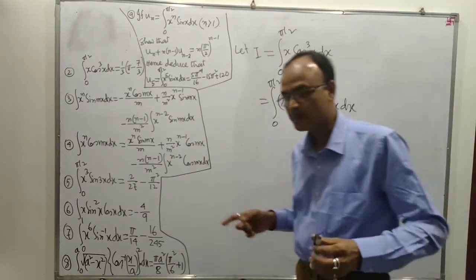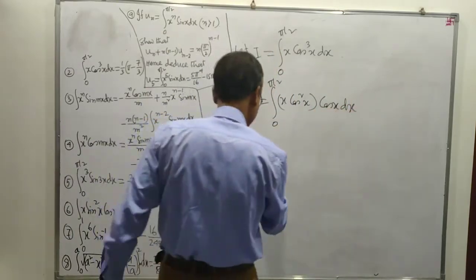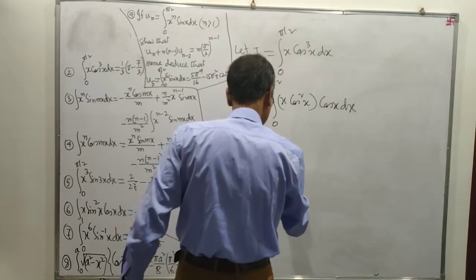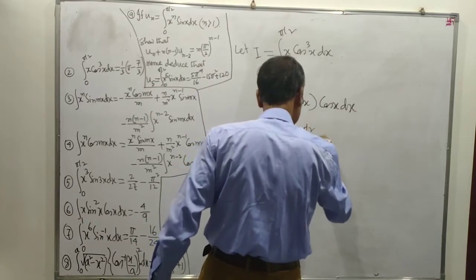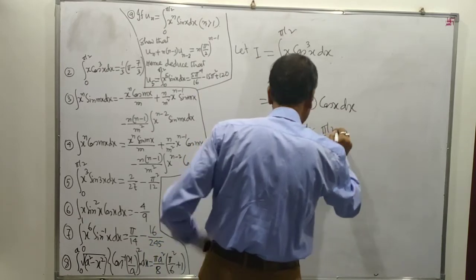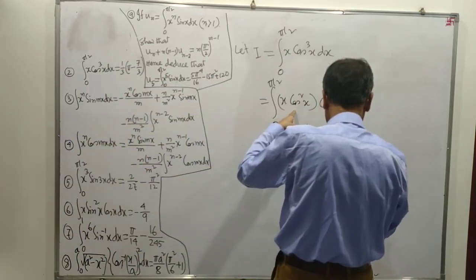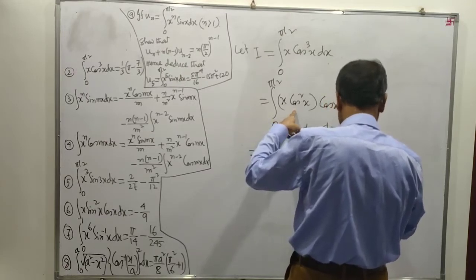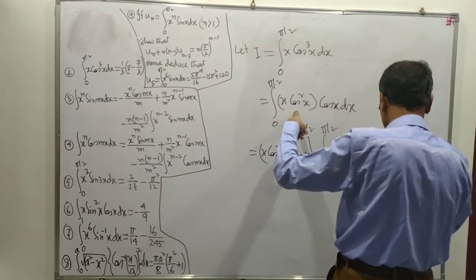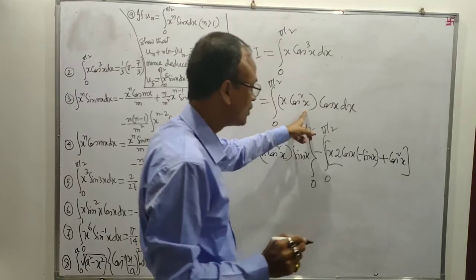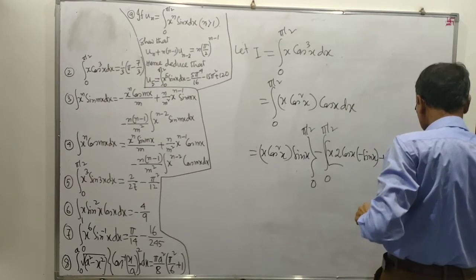Now integrate this by parts, taking cos x as the second function. x cos square x, and the integration of cos x is sin x, from 0 to pi by 2, minus the integral from 0 to pi by 2 of the differentiation of x cos square x, which is twice x cos x into minus sin x plus cos square x, times sin x dx.